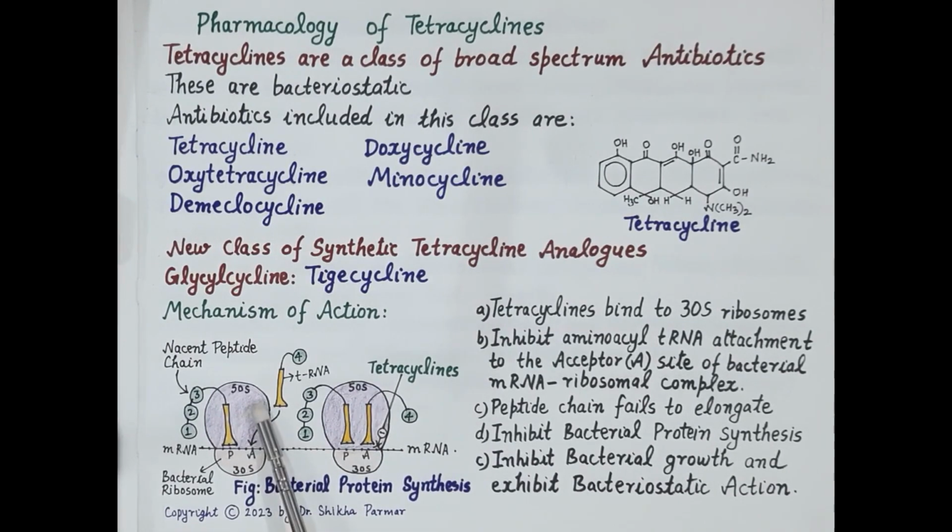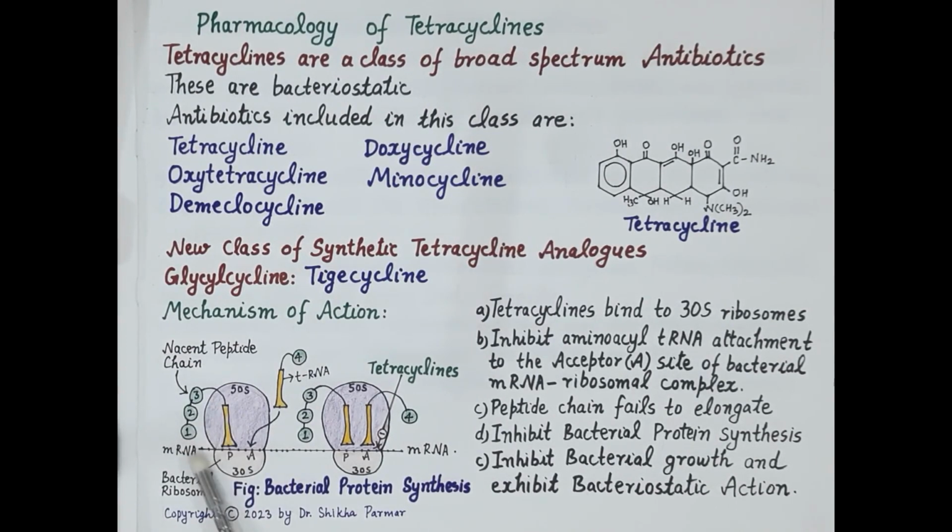Now the 50S ribosomal subunit has 2 sites, the P or peptidyl site and A or the acceptor site. As we all know, proteins are made up of amino acids. This is the nascent peptide chain that is being formed, and it is attached to the P site. At this stage it has 3 amino acids depicted as 1, 2 and 3.